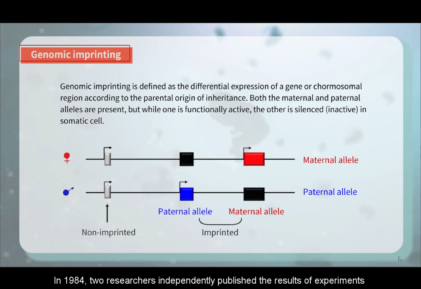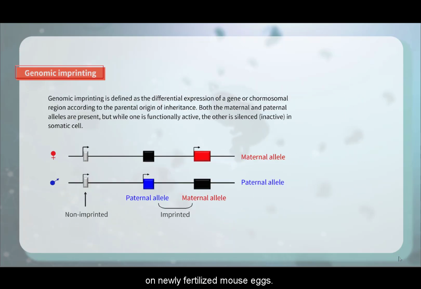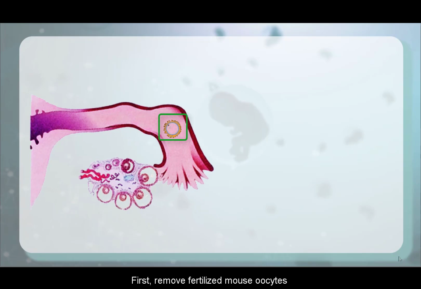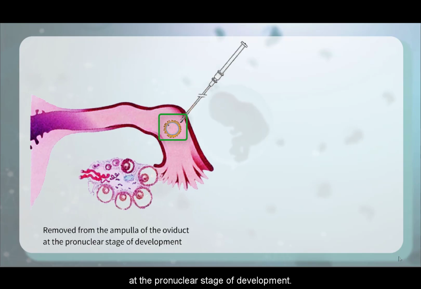And in 1984, two researchers independently published the results of experiments on newly fertilized mouse eggs. First, remove the fertilized mouse oocyte from the ampulla of the oviduct at the pronuclear stage of development.